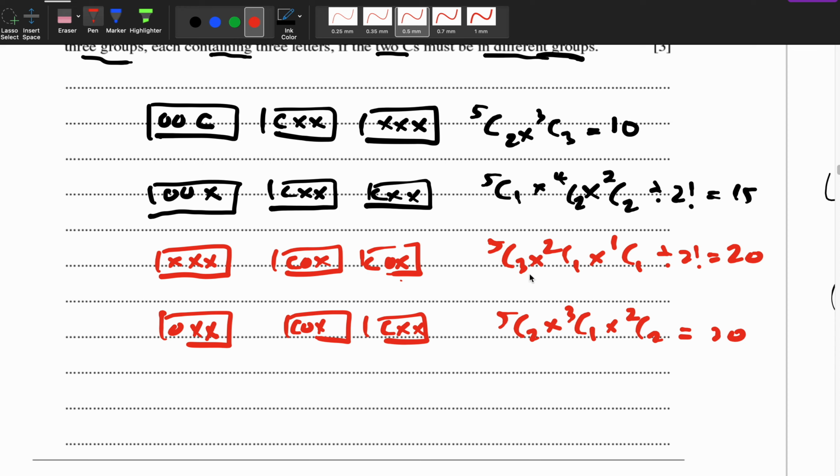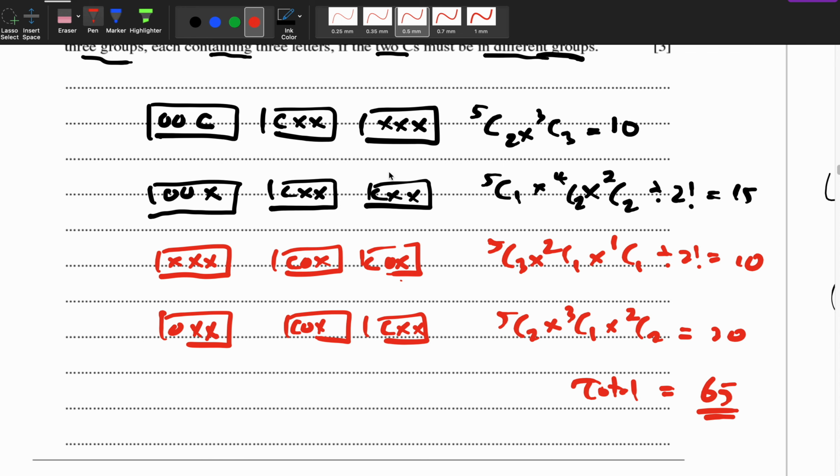Then choose 3, put here. Okay. So 2 more. 2 choose 1, go here. So this is 3 choose 1. 1C1 because of this, 1C1. So at the end, this is 5. That's why this question need to be very careful. If you miss out something, then everything is gone. Okay, this one should be 10. Okay, so altogether, the answer is actually 65.